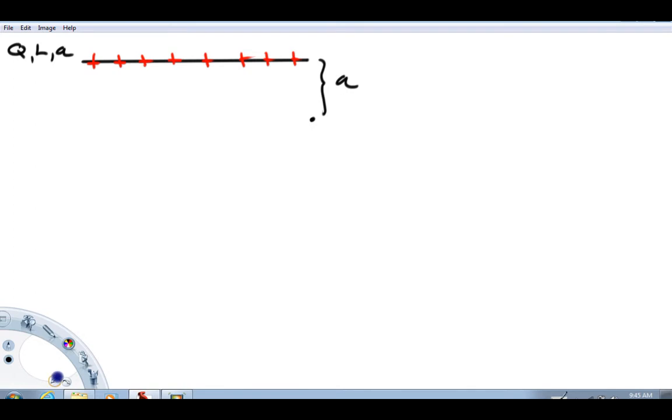Now, some things I'd like to mention here. Electric field directions. Here I've assumed that this thing is positively charged. It doesn't make a hill of beans difference whether it's positively or negatively charged. The only thing that would change if this object were negatively charged is that the electric field would be in the opposite direction. Remember, the electric field's direction is defined as the direction of the force on a positive test charge.